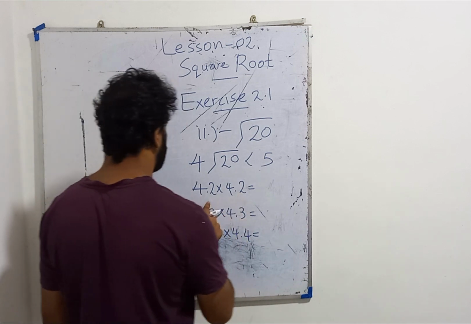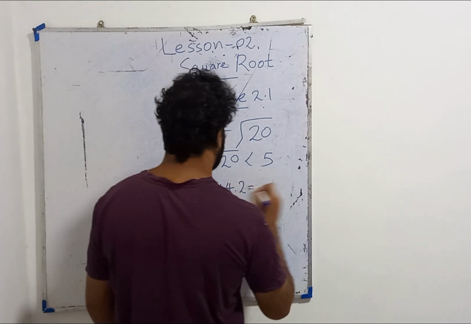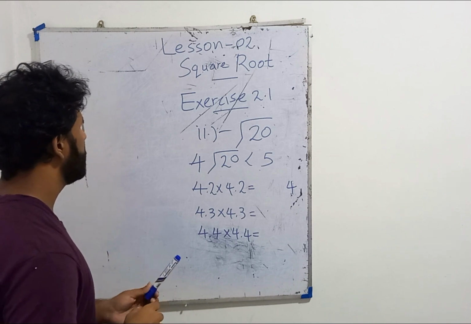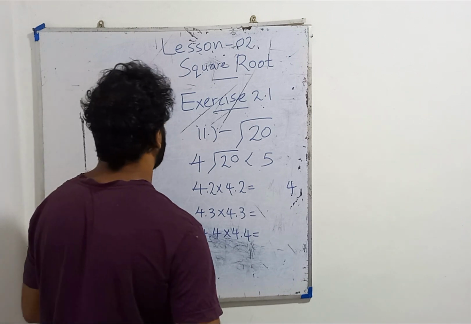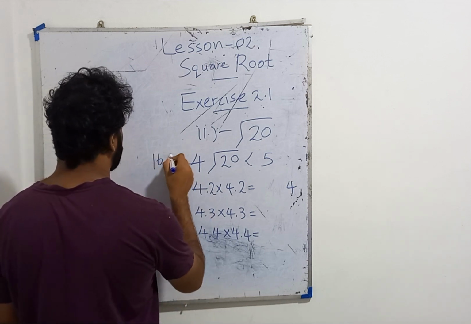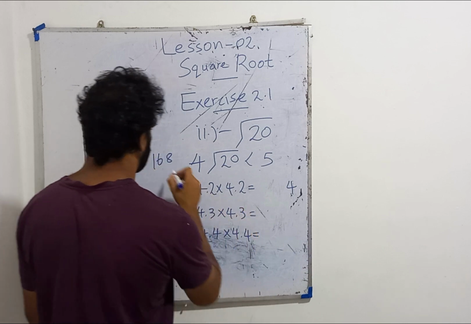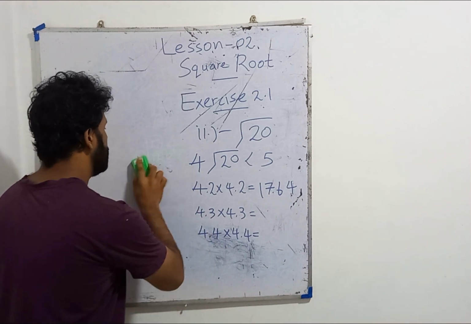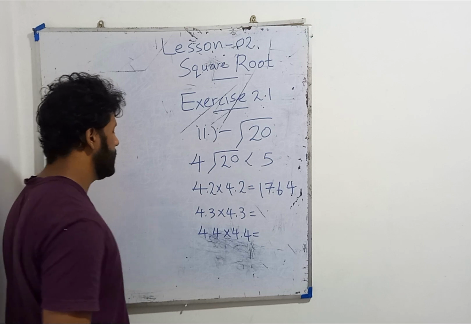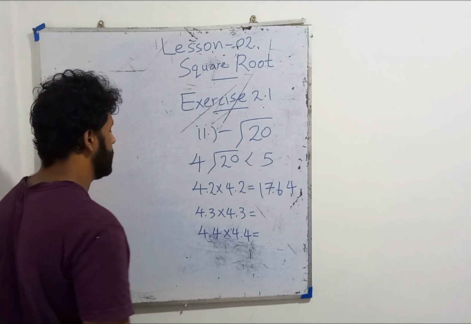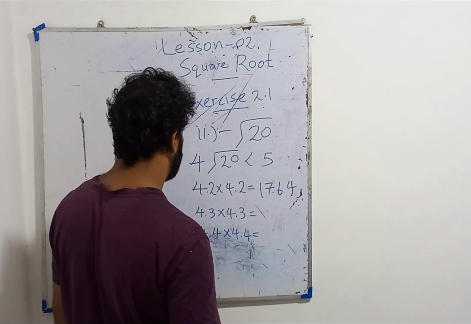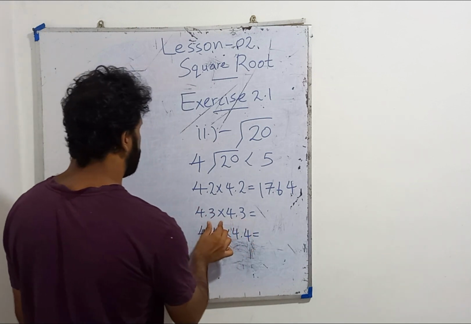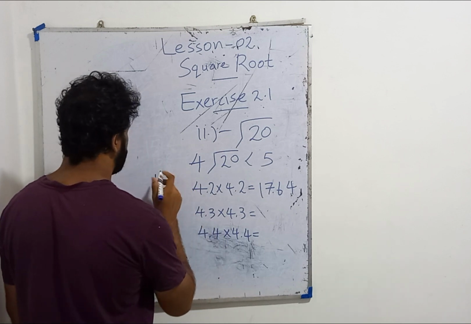Okay. This is going to be 17.64. Then 43 times 3 is going to be 129, right?